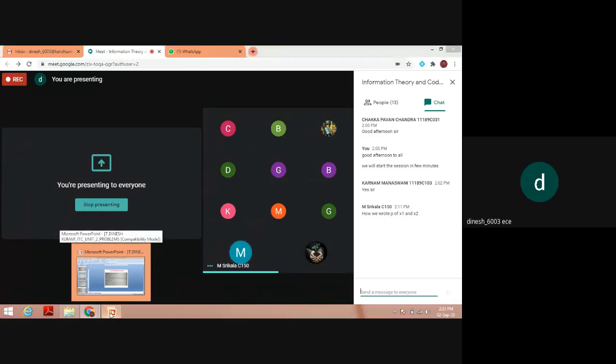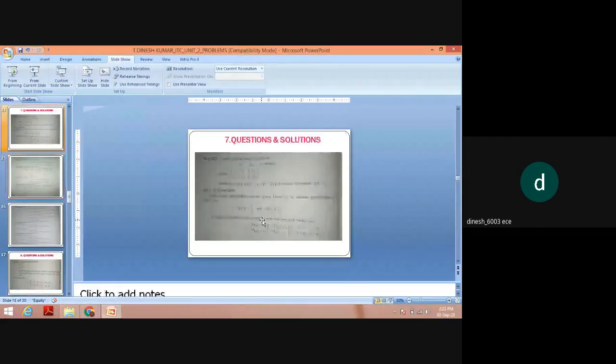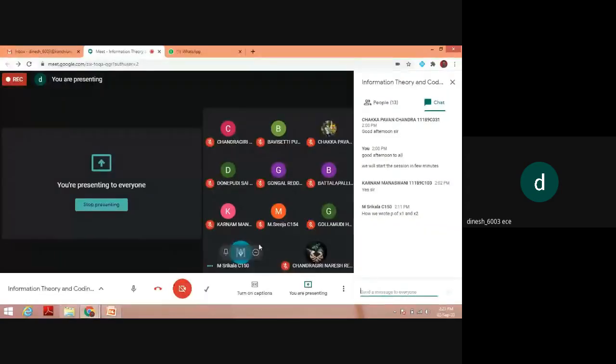Yes, let me show it. You can take any number. If you take any number and solve, you'll get the same values only.